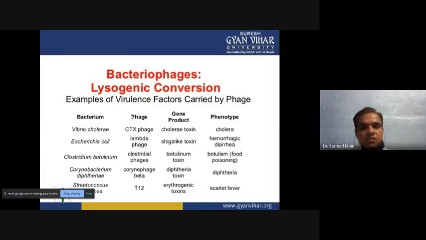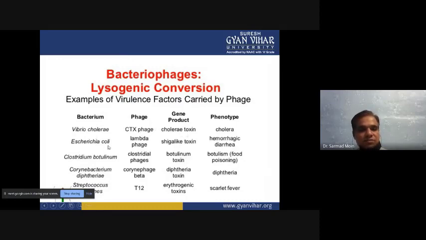Okay, now for lysogenic conversion, we will see some bacteria as examples. Here is one example: Vibrio cholerae is attacked by the CTX phage particle, and cholera toxins are transferred from one organism to another through this CTX phage.